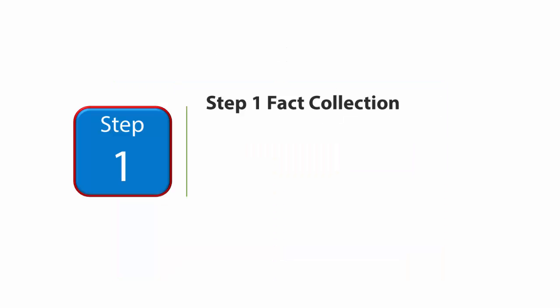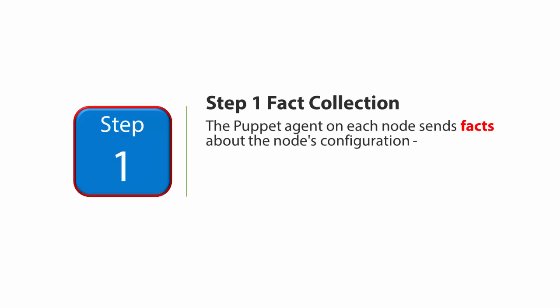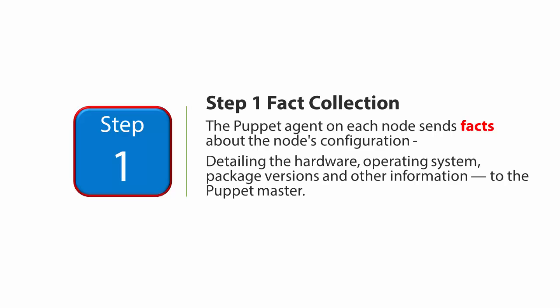Step 1, fact collection. Normally, I only told you about the communication between Puppet master and agent. So, the Puppet agent on each node needs to send facts about the node's configuration. This node configuration normally contains information about the hardware, operating system, package versions, and other information to the Puppet master.